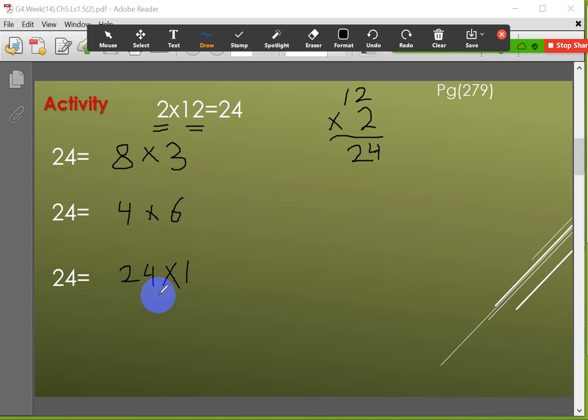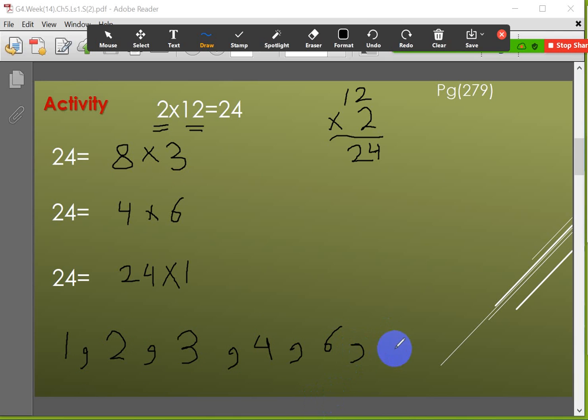Okay, so for any number I have to write this factor first. In any number, first the same number multiplied by 1, then I will think about the multiplication table to find the factors for the number. So look, number 24, how many factors? I have 1. I also have 2. Also 3. I have 4. I have 6.